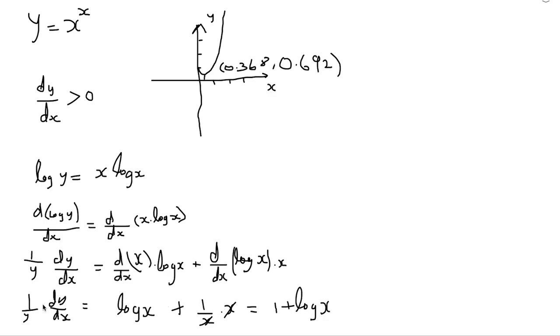While if we rearrange 1 plus log x, and y should be carried to the opposite side, so dy by dx equals y times 1 plus log x.